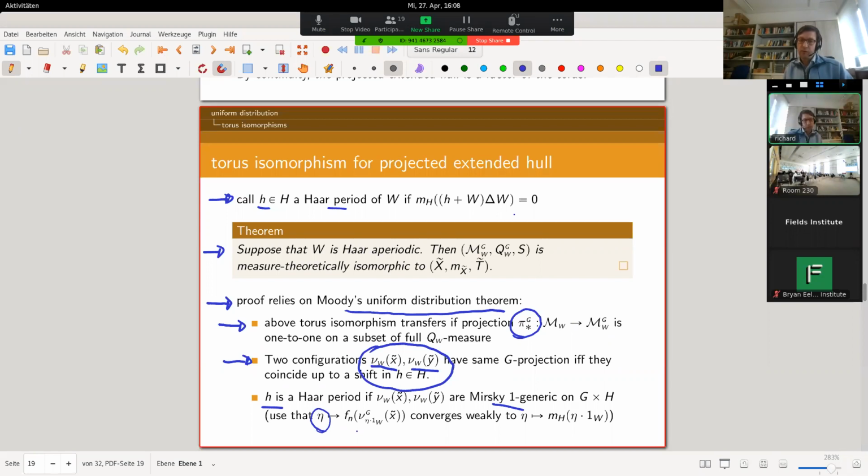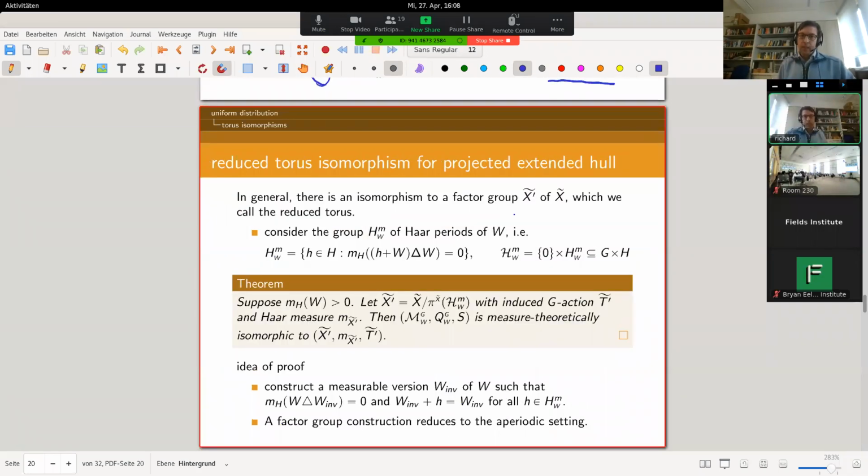And this gives you V convergence of these objects to the corresponding measures here. And this is enough to transfer this result, or this coincidence up to a shift, to this statement about H period. This is it.